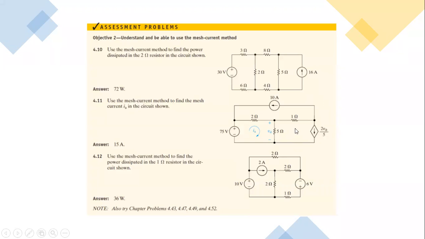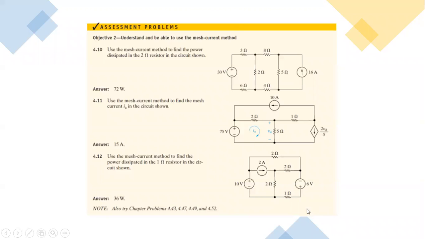Here we have the same as the one we solved, and here we have also one mesh. So the current of this mesh is known and is equal to -10, because you need to go in the clockwise direction. And this current is known as well, and it will be equal to 2V over 5.